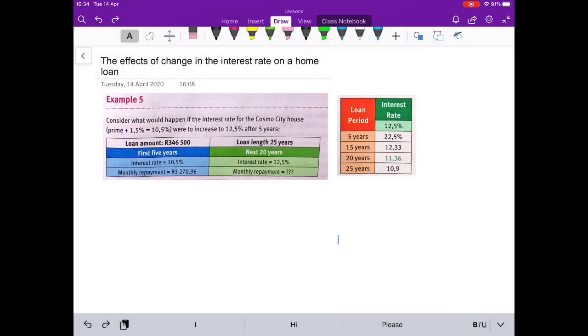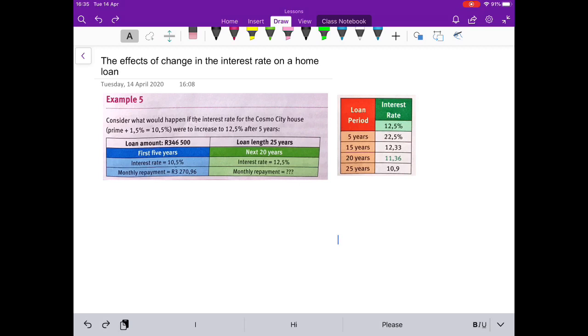Welcome back, grade 12s. We're going to relook at the house in Cosmo City. If you remember from exercise 1, the cost of the house was 385,000 Rand. The loan after the deposit was subtracted was 346,500, and that is the amount we graphed and the amount we modeled in a loan table.